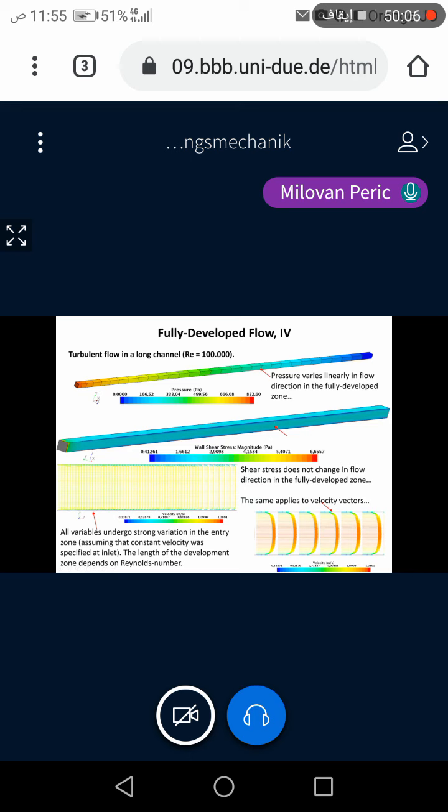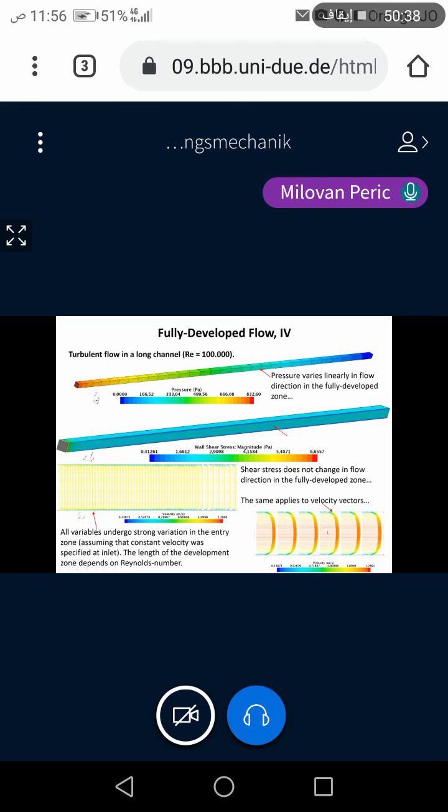If you look at velocity vectors near the inlet, I specified constant inlet velocity, and you see the flow is more or less constant in the middle part over a longer distance, but the boundary layer near the wall is developing a little bit slower and takes a little bit longer distance. But at the bottom right picture, we see what the velocity profile looks like when it is fully developed. And you see that it is now more uniform.